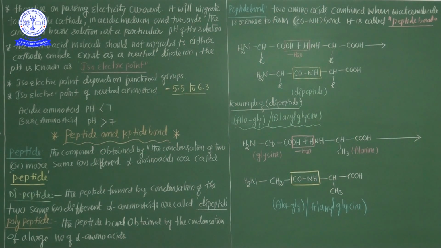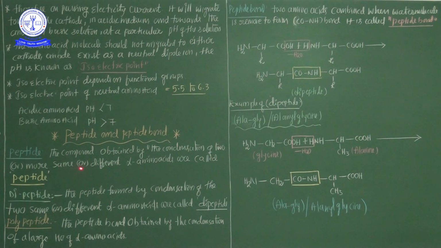What is a peptide? The compounds obtained by the condensation of two or more same or different alpha amino acids are called peptides. That word is peptide, not peptide bond.